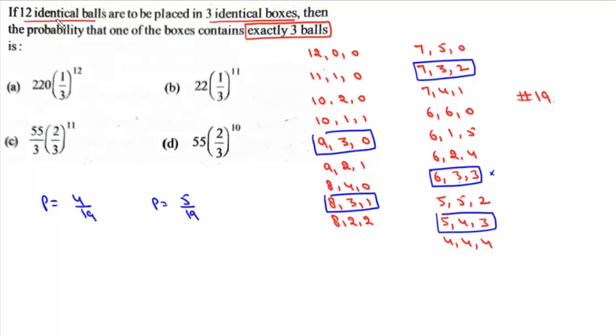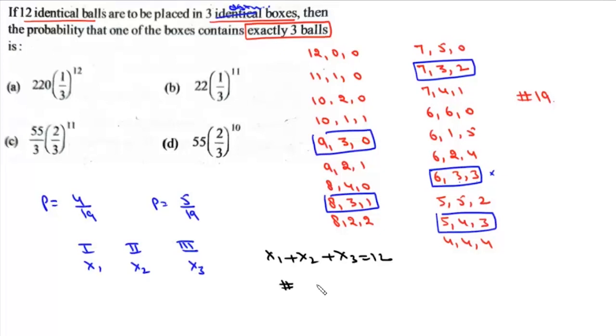So what else could it be? Now we can take 12 identical balls in 3 distinct boxes. Suppose we have 3 boxes, box 1, box 2 and box 3. Suppose we have x1, x2 and x3 number of balls in these. Then x1 plus x2 plus x3 must be equal to 12.